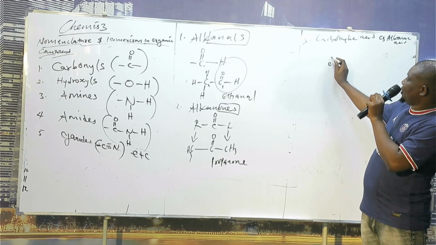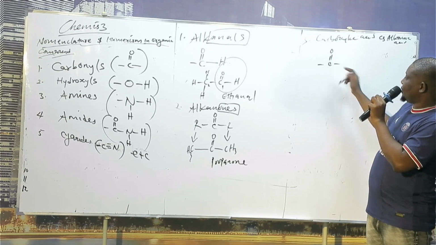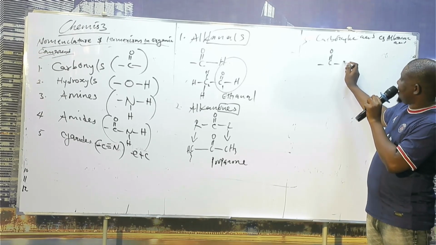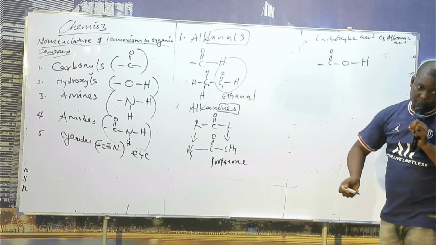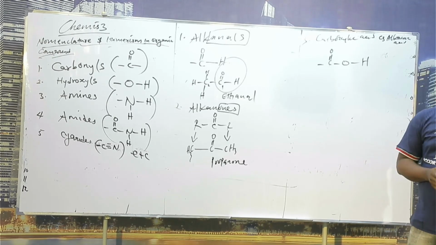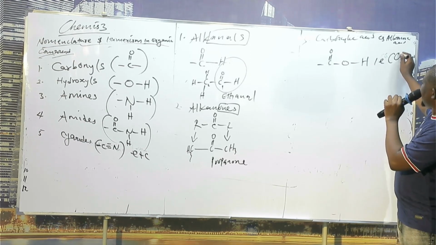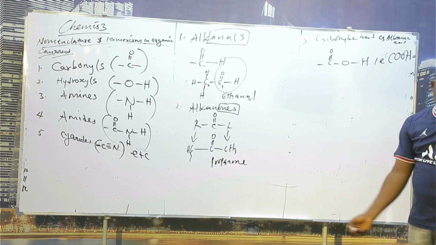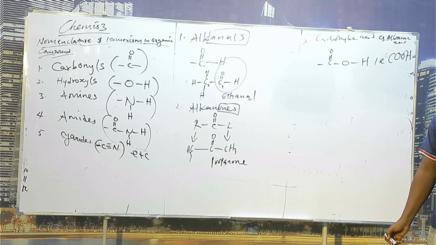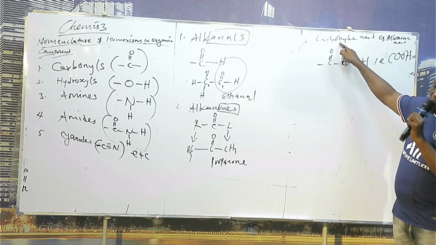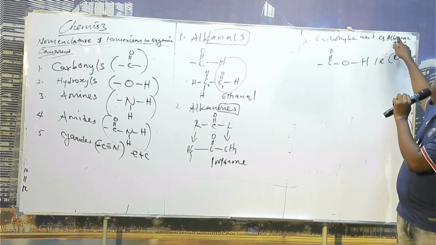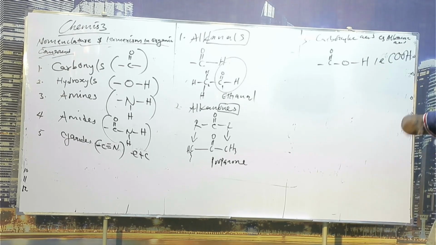Alkanoic acid also has a carbonyl, but in this case the carbonyl links directly to OH. Whenever a carbonyl links to an OH group, that is COOH. That is the functional group of carboxylic or alkanoic acid.